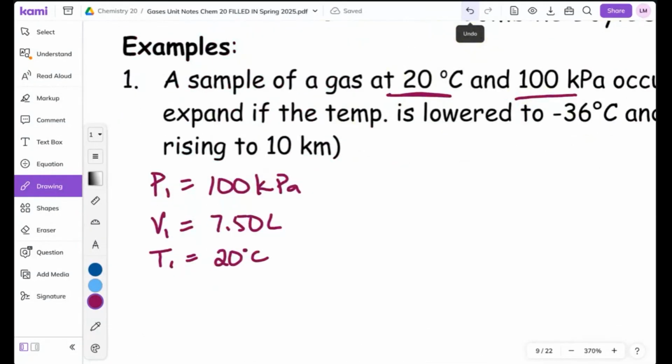And I'm just going to go right ahead and convert the temperature to Kelvin. So that's going to give us 293.15.